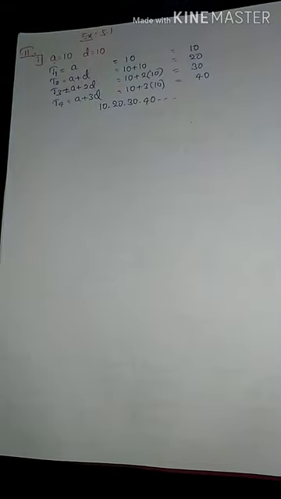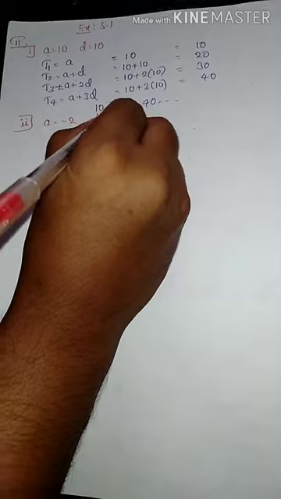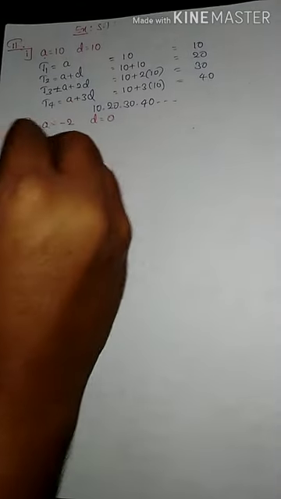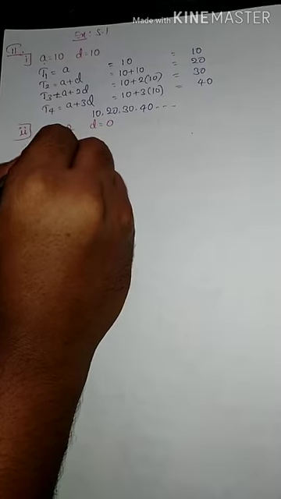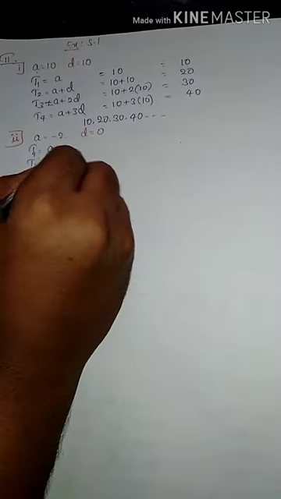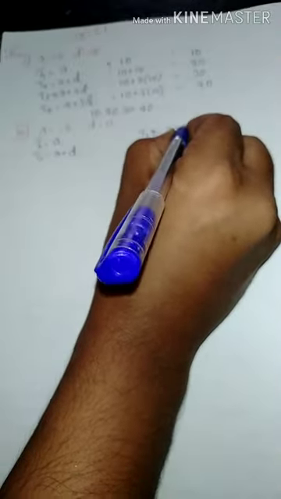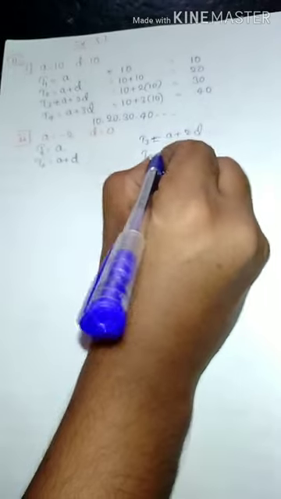The next, second example: the first term is minus 2 and the common difference is 0. So we know that T1 is A, T2 is A plus D, T3 is A plus 2D, T4 is A plus 3D.